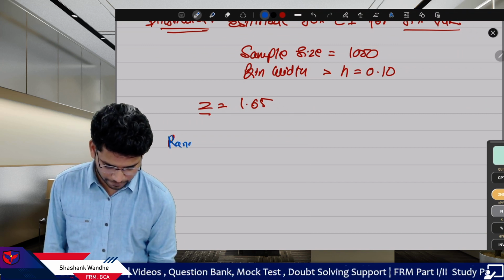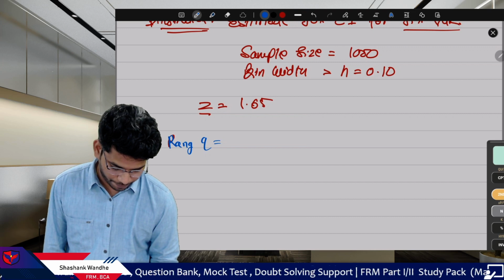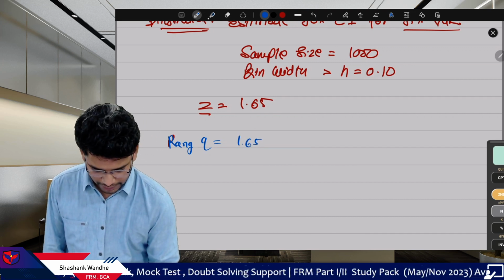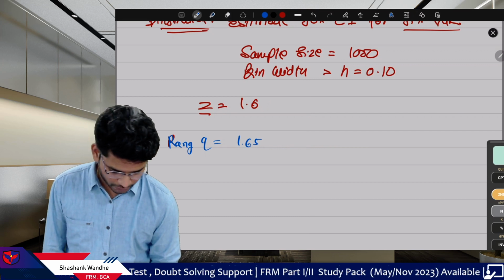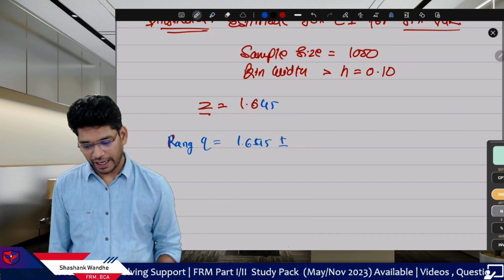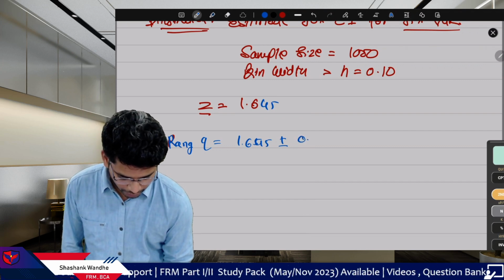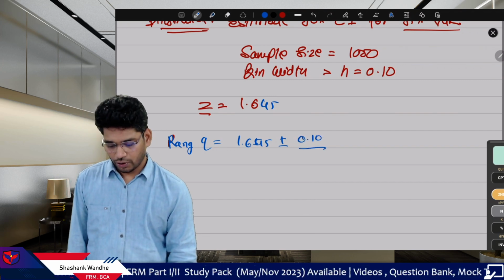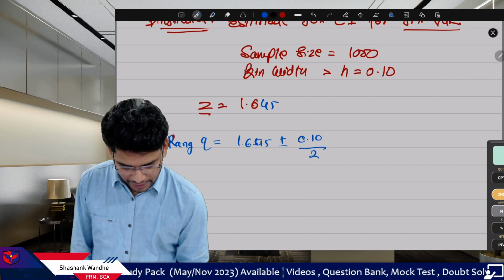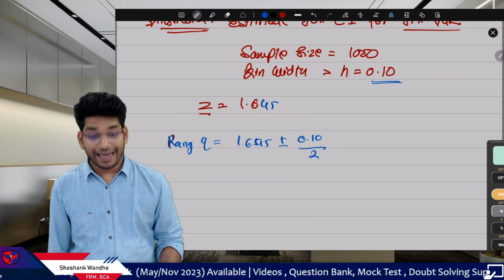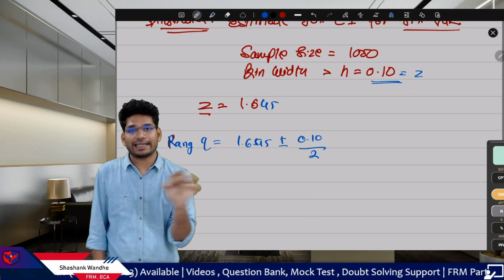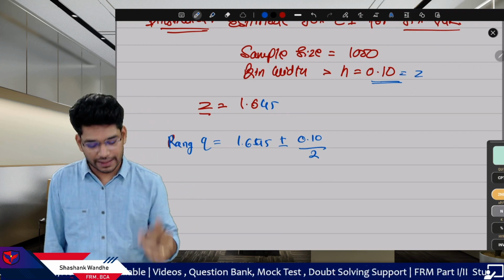Say first is range of Q. First we will calculate the range of Q. So this is your 1.645 plus minus 0.10 divided by 2. Now this particular 0.10 is your bin width, and this bin width is quoted in Z terms. This is on the Z scale.